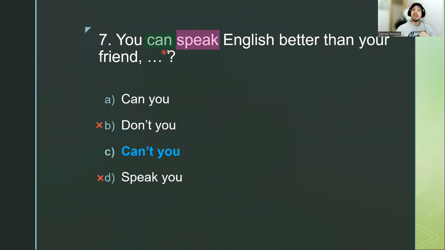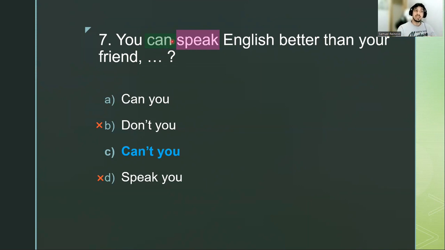Okay, you can speak English. We have to pay attention to this verb, can. Is it affirmative or negative? Affirmative, right? Exactly. This is affirmative. The negative is can't. So when we ask a question in affirmative, this short question, okay, the one that says verdad, would be the opposite.